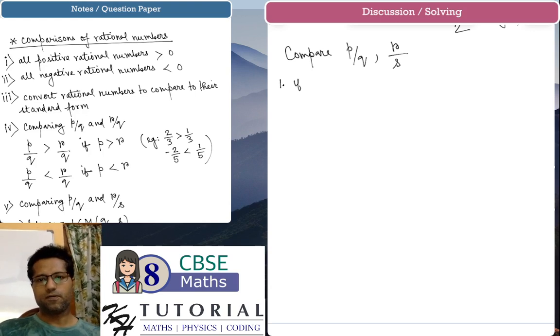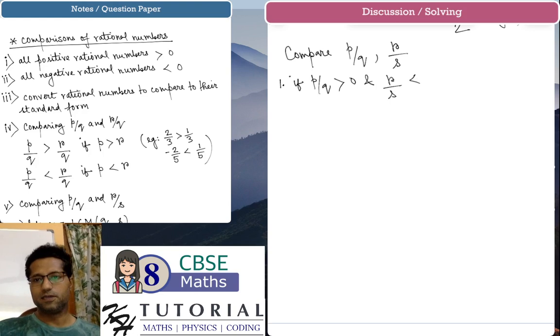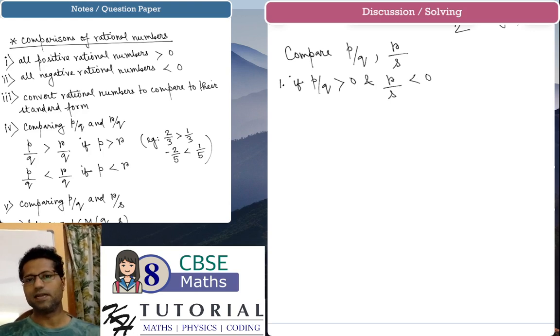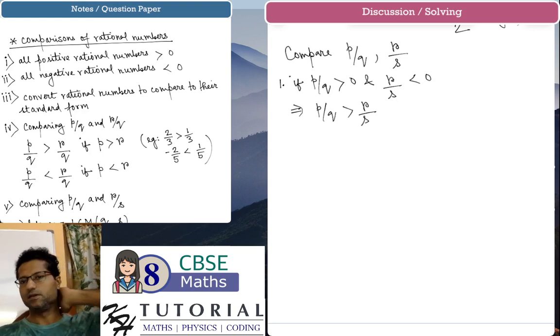If p by q is greater than 0, that is, p by q is a positive rational number, and we see that r by s is less than 0, that is, r by s is a negative rational number, this will definitely imply that p by q is greater than r by s, because all positive rational numbers are obviously greater than all negative rational numbers.